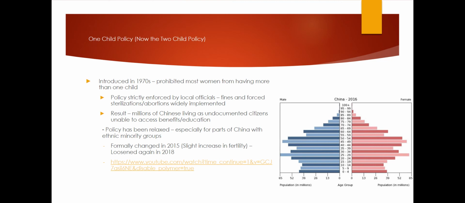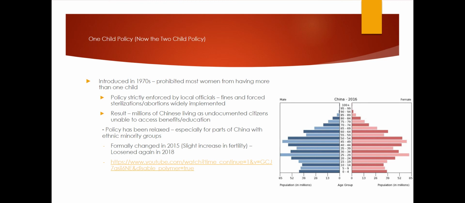And what we saw within China is that this policy was often enforced very, very strictly and harshly by local officials. There was a high level of monitoring, especially in certain parts of the country, and fines, forced sterilizations, and abortions were implemented fairly widely as a method of coercing populations to have only one child.